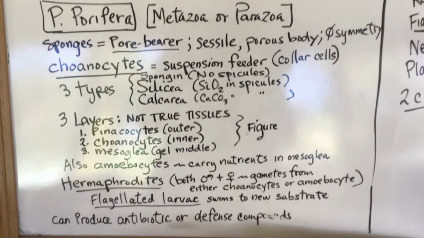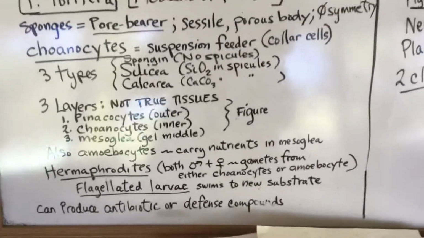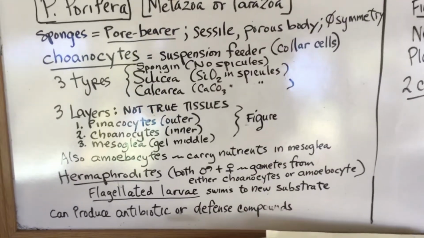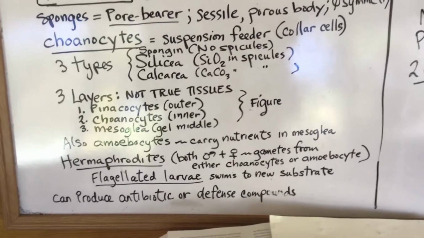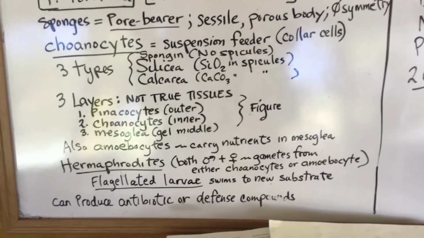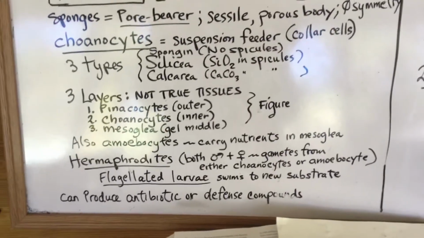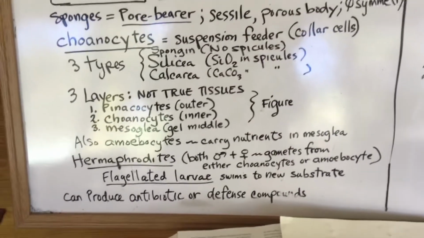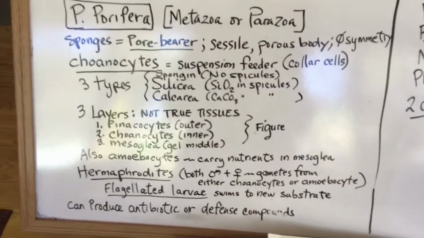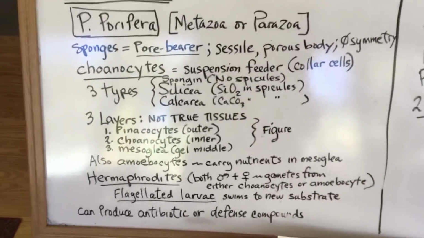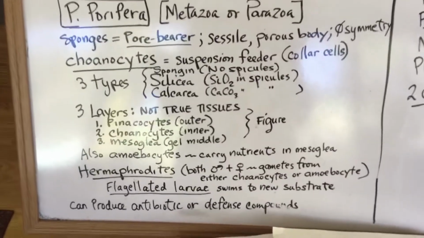And those haploid cells will either go out in the water, or perhaps even in the water within the sponge itself will create a zygote that would be moving around in the mesoglia. But eventually that's going to make a flagellated sperm, and a flagellated larva, and that flagellated larva will then swim to a new substrate and start a new sponge elsewhere.